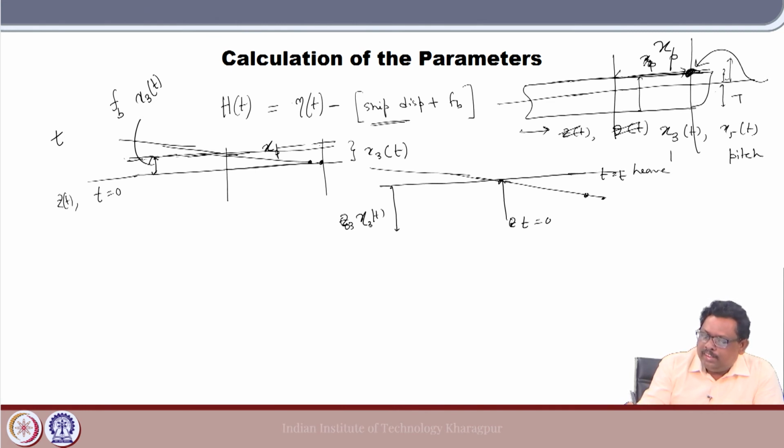Now, if this is the point I am looking for, this is my xp, and I am interested in this vertical point. So, this would be my final point. First it is approaching here and then it has bow down by theta, let us say. I do not want to put x5(t) here, it might confuse you. So, it has a theta, bow down, and finally this is the relative position of the vessel.